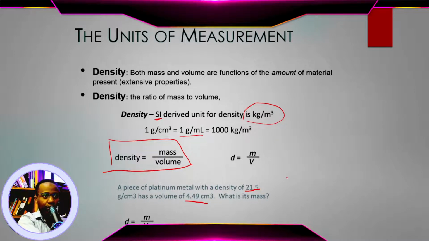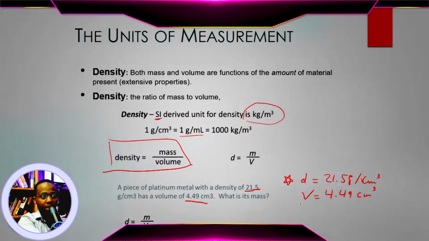For every problem, you always have to write down what they gave you. So they gave you the density is equal to 21.5 grams per cubic centimeter, and then they gave you the volume is equal to 4.49 cubic centimeter.